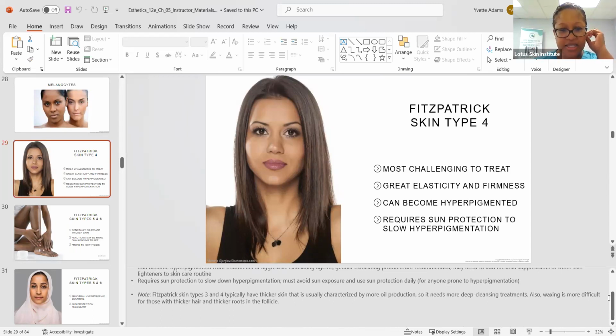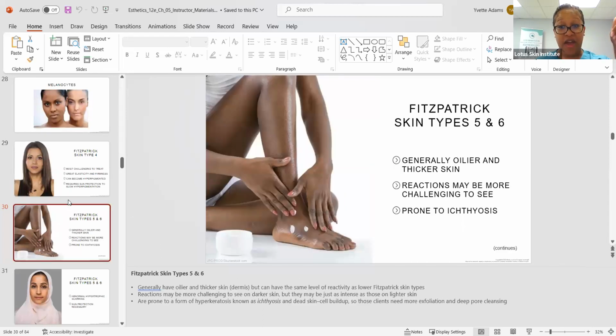Fitzpatrick 3 and 4 have thicker skin, usually characterized by more oil production, so it needs deep cleansing treatments. Waxing is also more difficult for those with thicker hair and thicker roots in the follicle. And then Fitzpatrick 5 and 6: thicker skin, oilier skin. It can have the same level of reactivity as lower Fitzpatrick types. Reactions can be more challenging to see on darker skin.